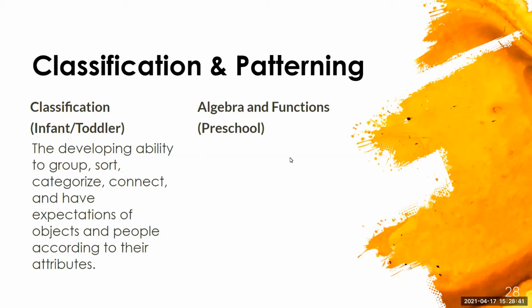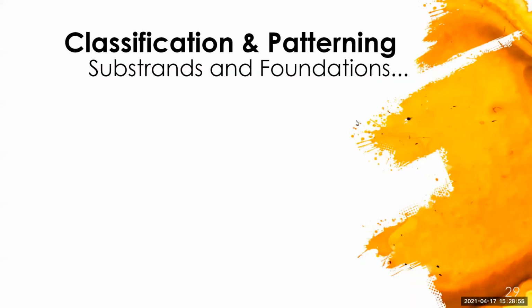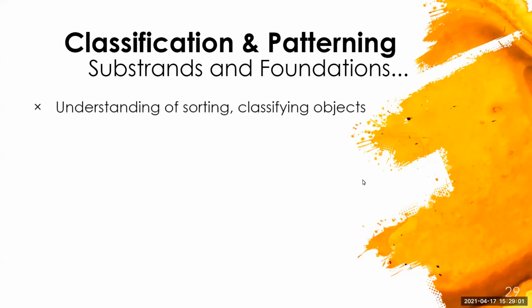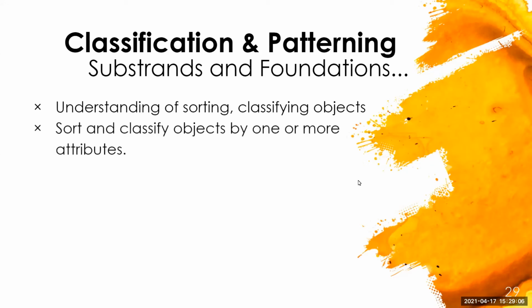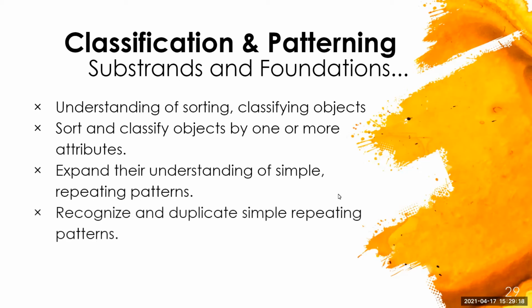As we move into the preschool years, it becomes algebra and functions, which also is sorting and classifying objects, recognizing, extending, and creating patterns. So the substrands and foundations for classification and patterning include children's understanding of sorting and classifying objects by one or more attributes, expanding their understanding of simple repeating patterns, as well as recognizing and duplicating simple repeating patterns.